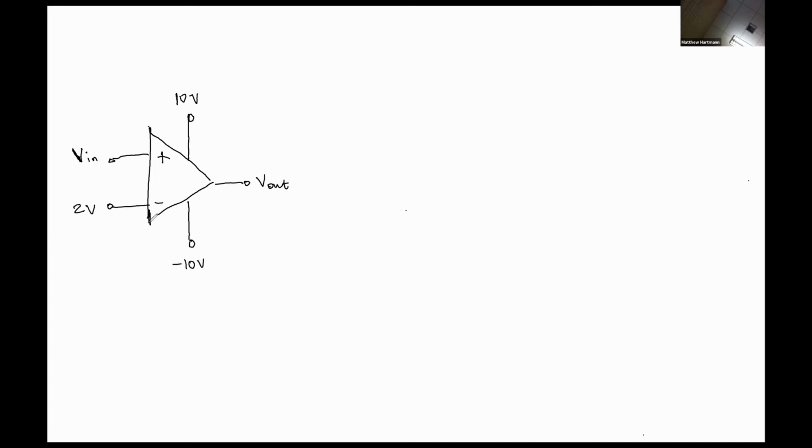And we are not going to analyze it using the ideal op-amp rules because it's an open loop circuit, so the ideal op-amp rules don't really apply. Instead, we're going to analyze it using the practical op-amp model. So the practical op-amp model is in your notes, but I will redraw it here.